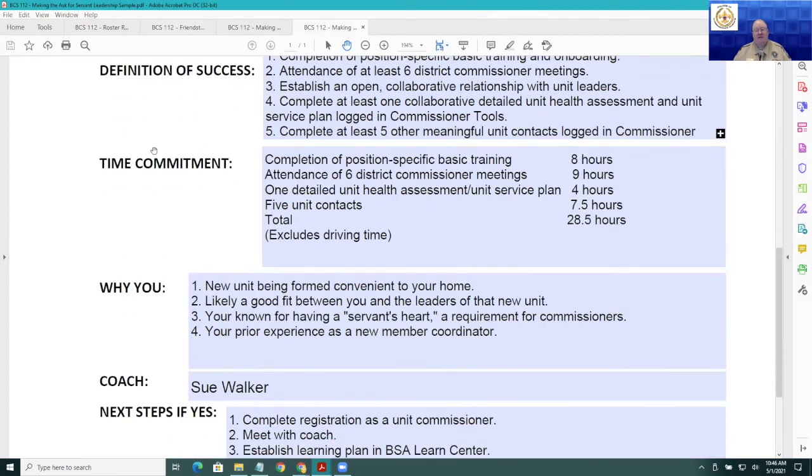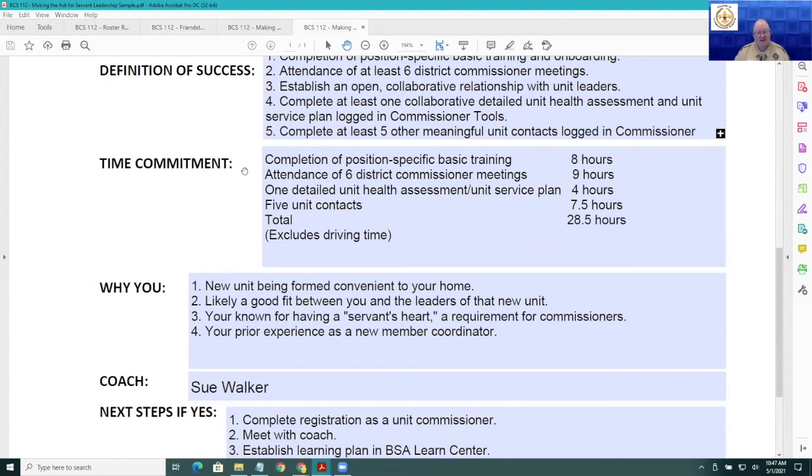I love this time commitment. If we're talking to people, we don't want to say, oh, it doesn't take very long, and then they get into it and say, whoa, this is way more time than I ever expected. We tend to think you're just going to visit the unit once or twice a month, and we totally forget that you need to go to roundtable, get your commissioner basic training, and attend the commissioner staff meeting every month.